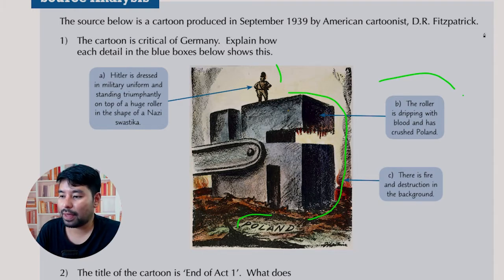And C, the last one, which is focusing here, there is fire and destruction in the background. So for sure, I don't think it's so difficult to explain that this cartoon is really criticizing Hitler, right? But so analyze the facts, analyze the information, and then make a description.